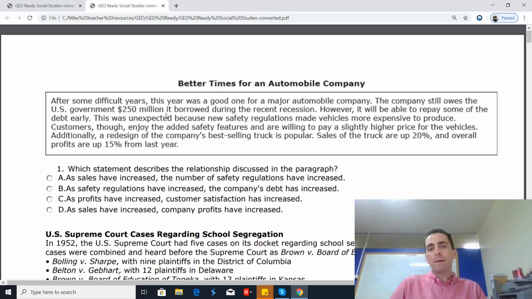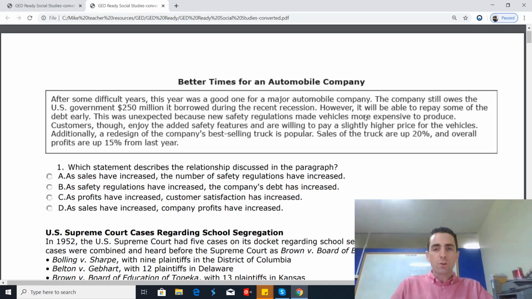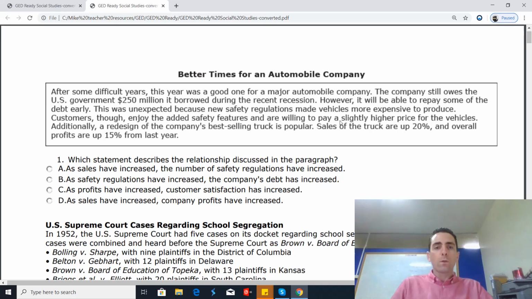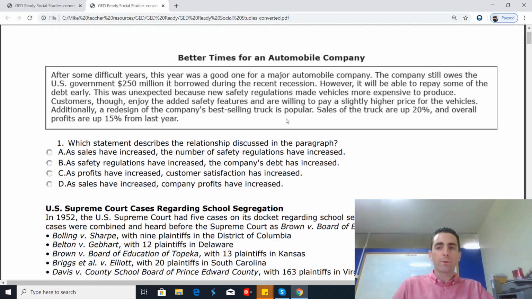Okay, so we see better times for an automobile company. It's a company, as we know from this paragraph, that must have gone through some hard times in the recession, borrowed some money from the government, and then it seems to be doing much better. Although there are some government regulations which are adding cost to the production of their cars. Let's see.